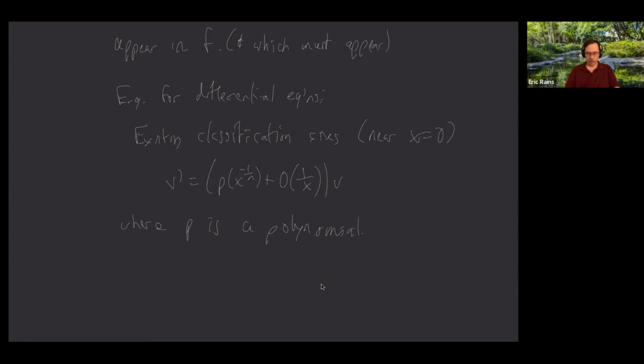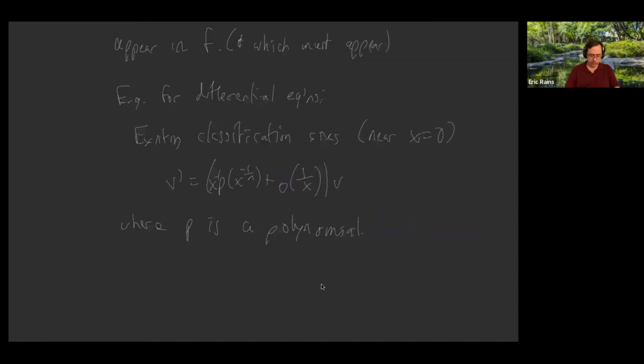Okay. And here we should put an x to the minus 1. And really, we should take p mod constants. Oh, sorry, that's not right. This should be little o. Okay. So this is what the classification for differential equations that you'll find in the literature of irreducible singularities looks like.